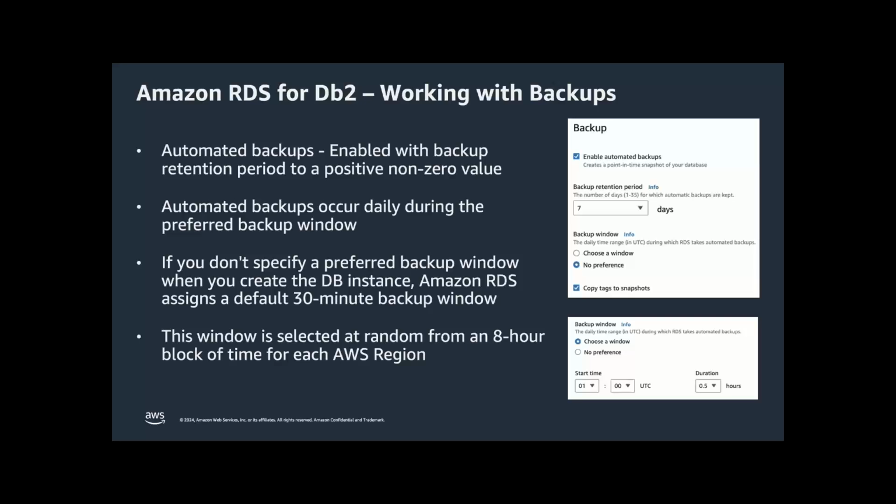The backup window can't overlap with the weekly maintenance window for the DB instance. If you don't define a backup window, the system will assign one for you, which will be a random 30-minute window from an 8-hour block of time, depending on your AWS region. So that's at a very high level what automated backups are.